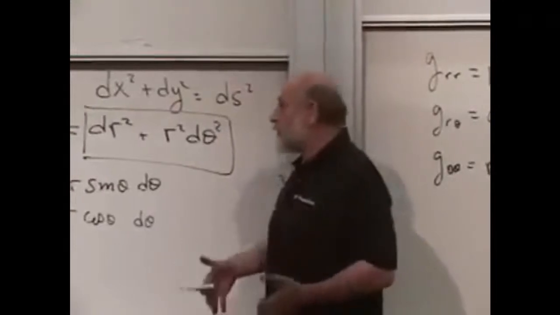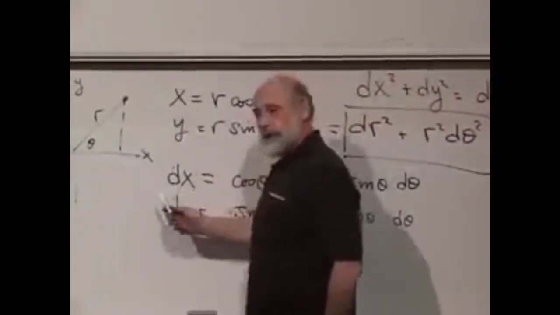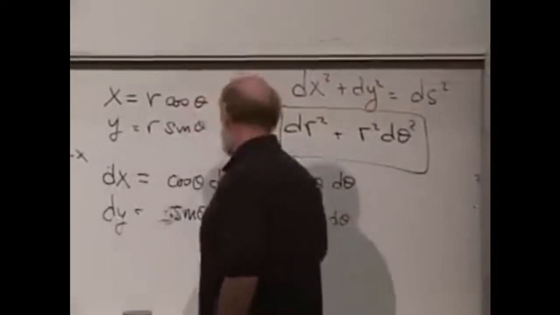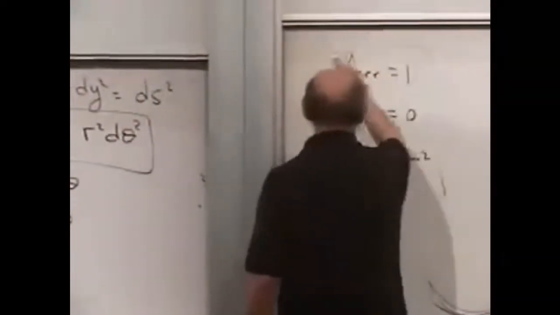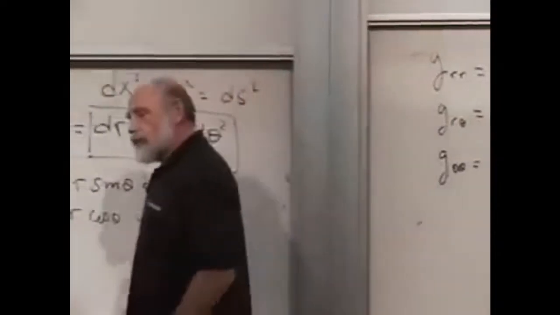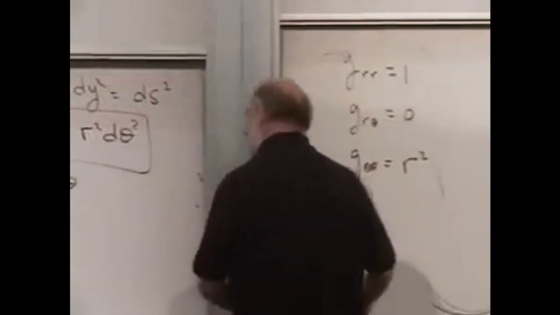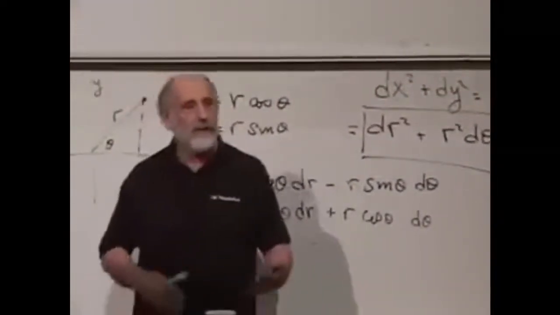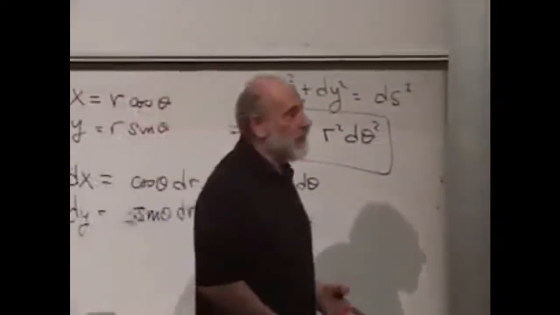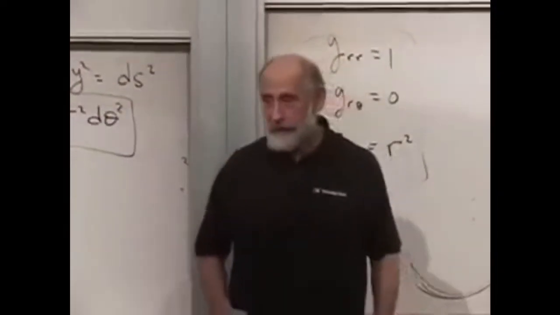Well, in this case, of course, we know the answer is yes. It's just this coordinate transformation. If I gave you these components, and I went in the opposite direction and worked out the metric in terms of x and y, I'd find that it's dx squared plus dy squared. So that is a flat space by definition.